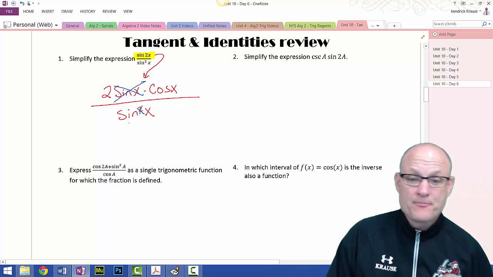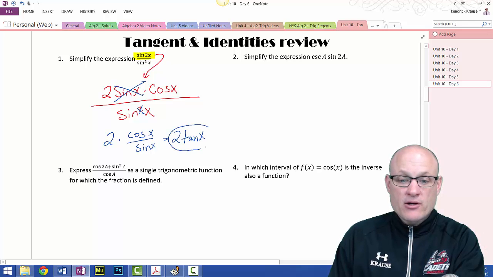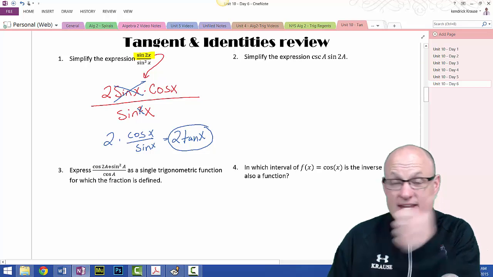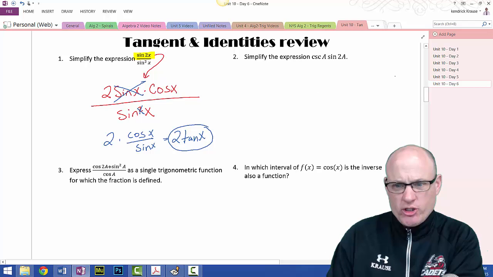It gets rid of 1. So I'm left with 2 times cosine x over sine x. But that's just 2 tangent x. There's my answer. One done. Yay! 23 to go. Woohoo!